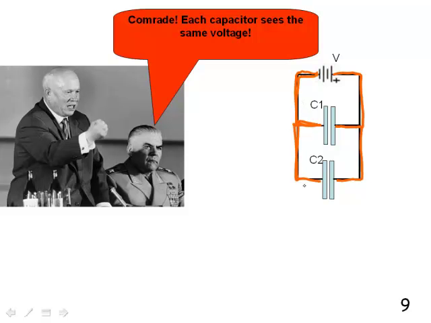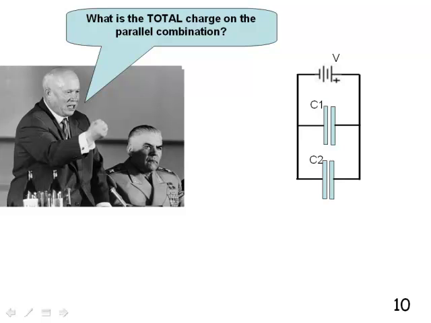So this is all at one potential here, and this is all at another potential on the other side. So if I grounded the negative terminal here, then that would be 0 volts here, and let's say that's a 9-volt battery, so then this would be at 9 volts on that side, and that side is also at 9 volts. Well, how can we find the total charge on this parallel combination?